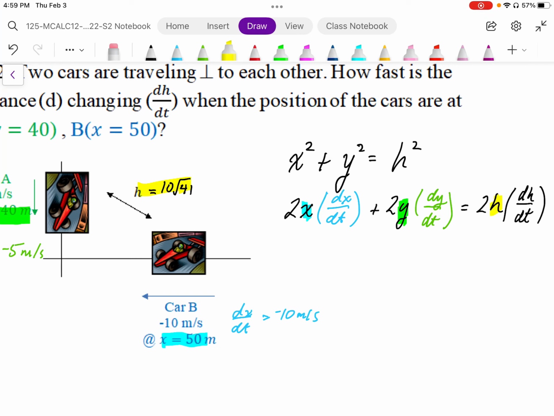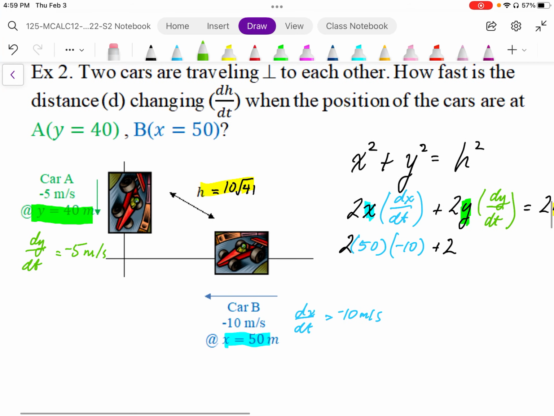So I have all the parts of this expression that I need to be able to solve for dh by dt. So then I'm just going to plug it in. So I get 2 times x. Well, I worked out x is 50. Dx by dt, I know is negative 10 meters per second, plus 2 times y. The value of y we've been given here is 40, so I'm just going to plug that in.